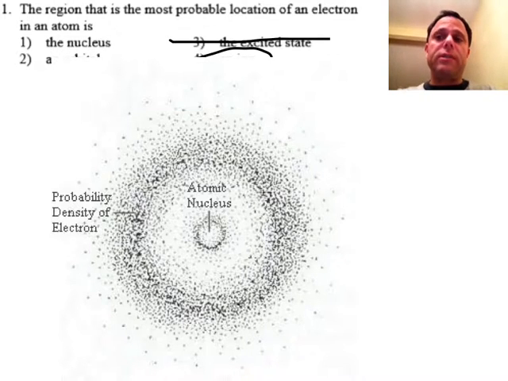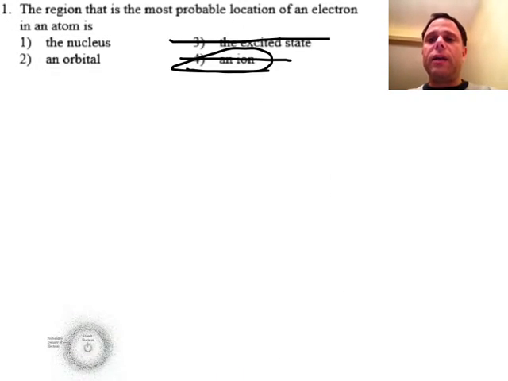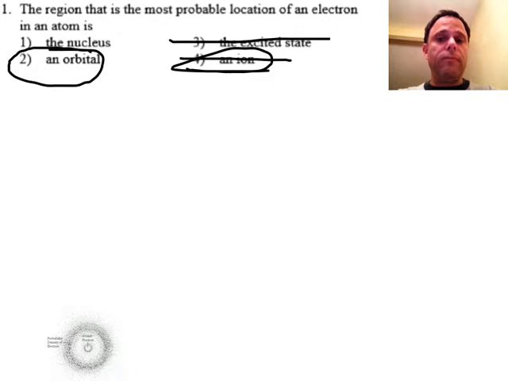So each one of these dots is placed there as though you froze time, and the electron was frozen in this position right here, and then a moment later is frozen in this position, and it gives you this scattered drawing. But again, it kind of highlights an orbital. So, bringing back to the question at hand, the best answer here is an orbital.